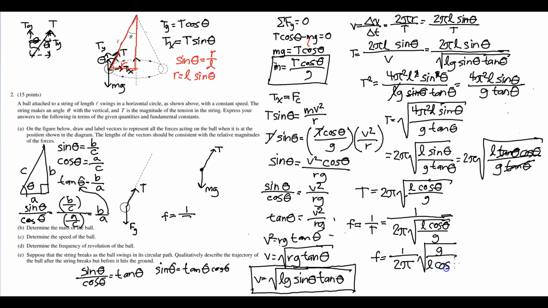That is its most simplified form. You cannot simplify it more than that. So this is at its most basic. This is the frequency of revolution of the ball.